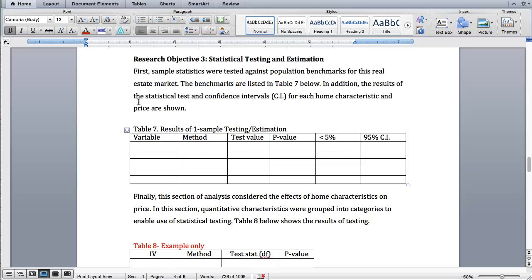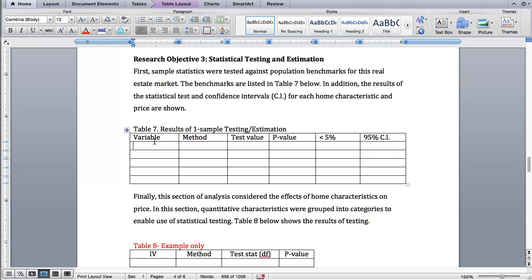So looking again at our case report template, you can see that that first part, running our one sample t-test or one sample z-test, can be reported in Table 7. We would have a test for each of those variables listed: our price, our square feet, bedrooms, bathrooms, and so forth.